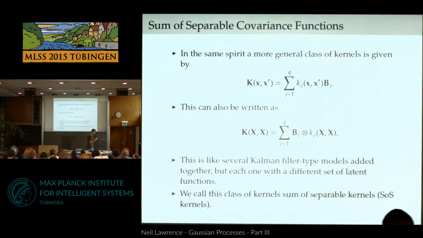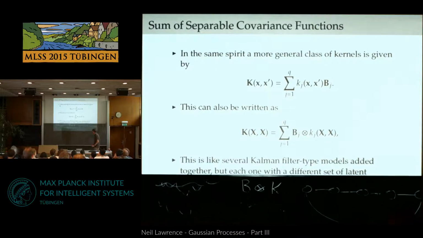This class of covariance functions is more powerful than you can possibly imagine. Sorry, I'm just quoting Star Wars there. The reason is, it seems simple that you're just multiplying things on the output, but in these latent functions you can start doing interesting stuff.